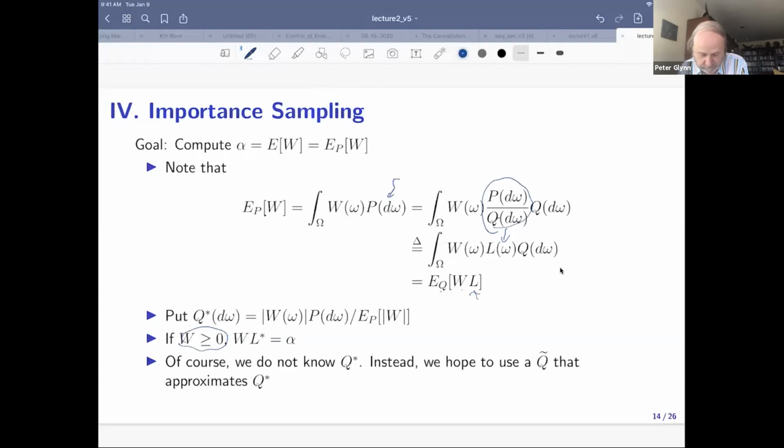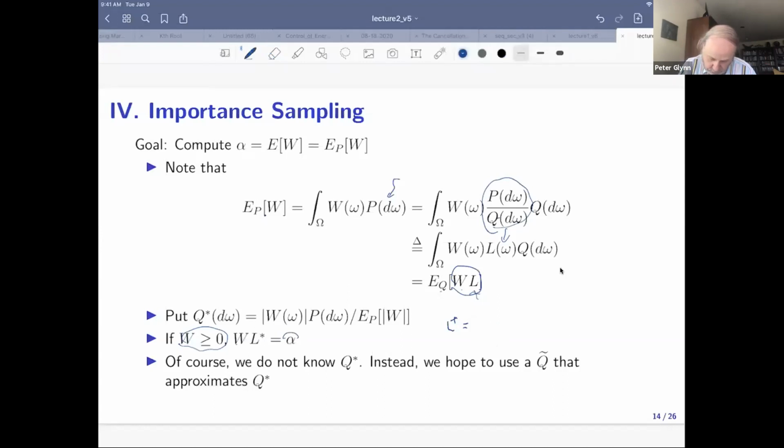Turns out in that case, if I just choose the likelihood ratio, or equivalently, if I choose Q to have the following likelihood ratio, namely to make L star equal to W over alpha, then you actually get an output random variable W times L, which is equal to... I don't quite have this correct.